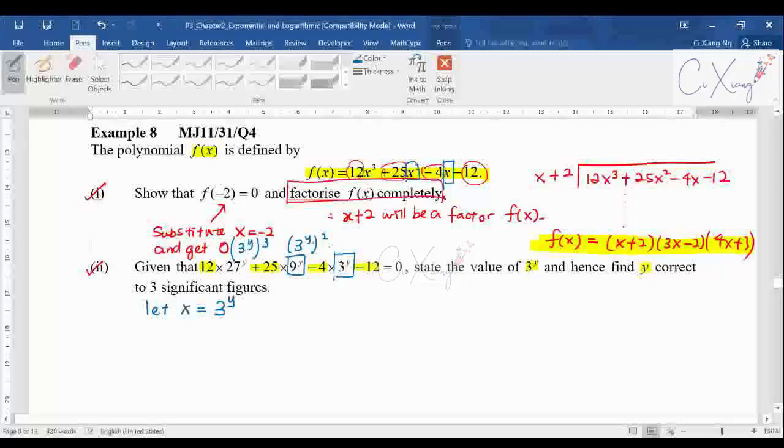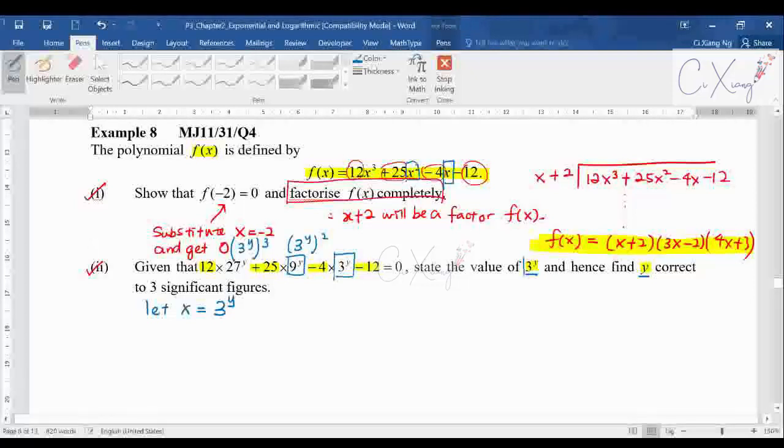You apply the power on power rule yourself. Then you can see that these two equations are actually the same, but they substitute x by using 3^y. Now they want you to state the value of 3^y and hence find y correct to 3 significant figures.